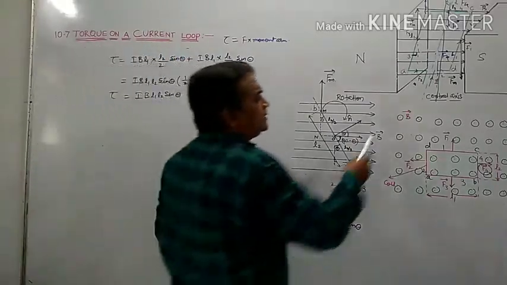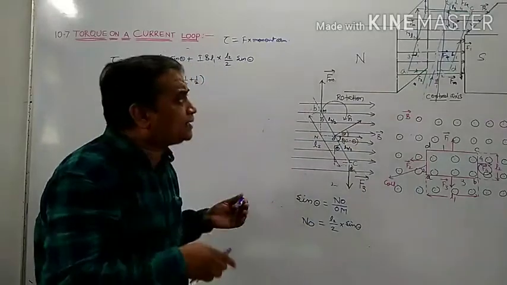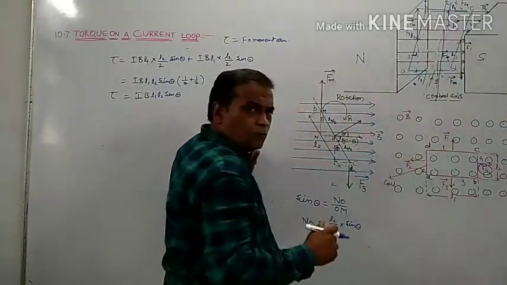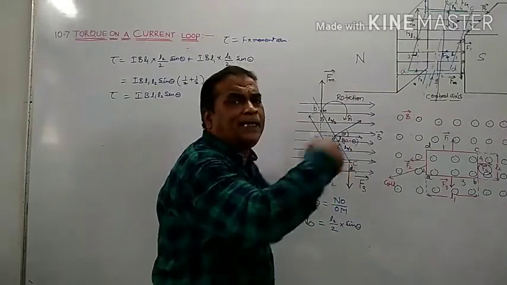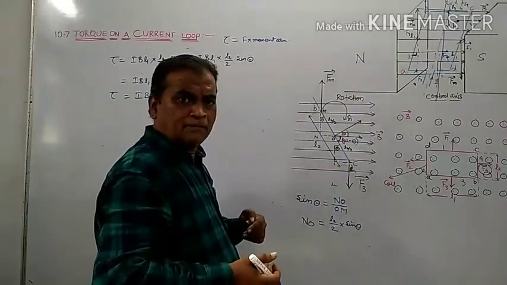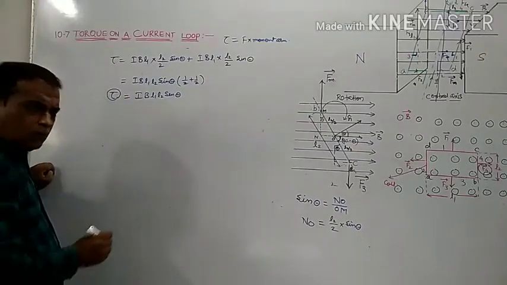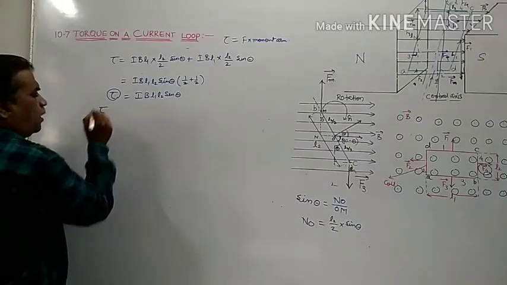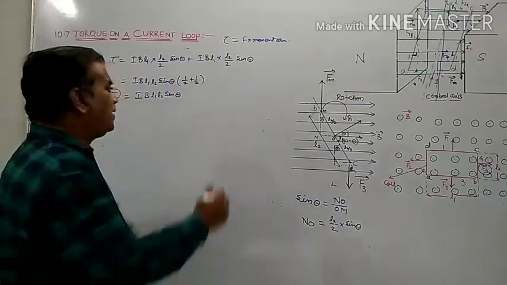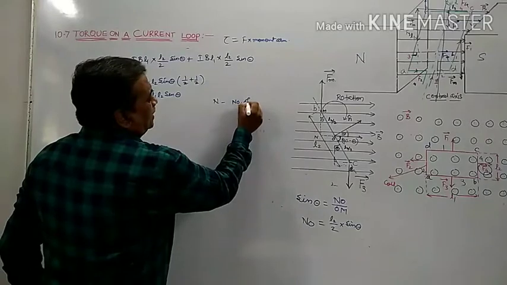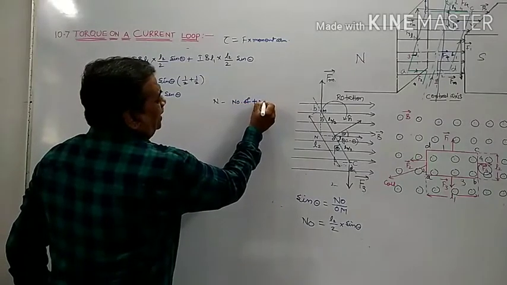That loop has a single turn. If instead of a single turn loop, we have a coil having n number of turns, then the net torque acting on the coil is what we need.